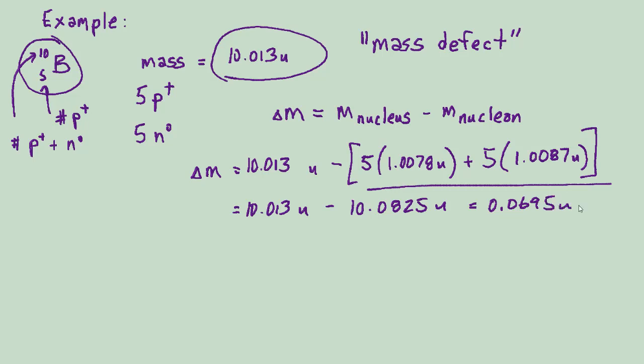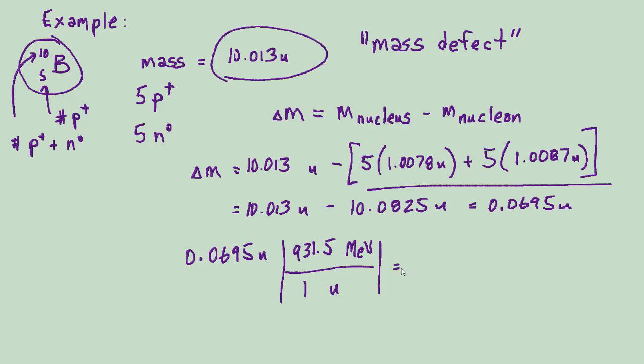Now we want to know the binding energy. And last time I checked, mass is not energy. Well, it kind of is, but we would like to express it in a recognized energy unit, like electron volts. So I'm going to do a conversion now. If I take 0.0695 U and do that conversion, remember 1 U is 931.5 mega electron volts.